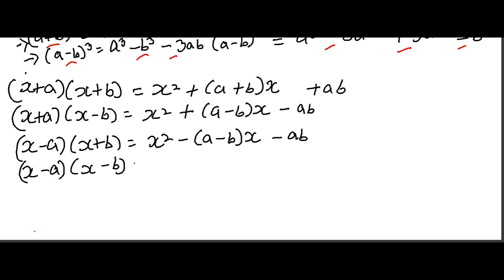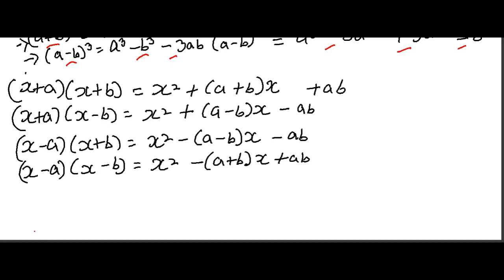Now see, whatever is differing, if you see, the symbols are different. So this one is x square minus a plus b into x plus ab.